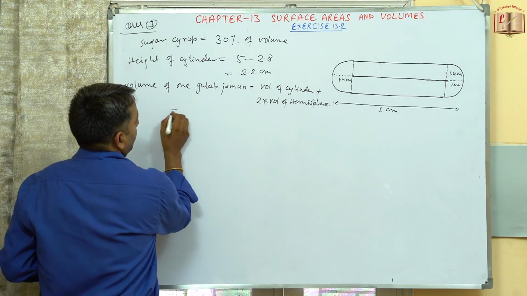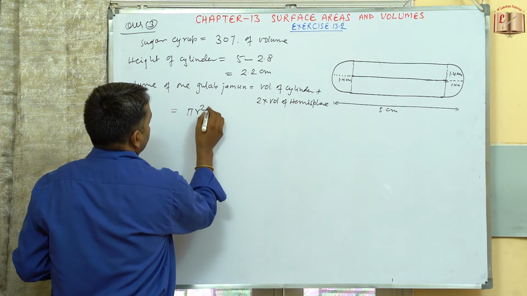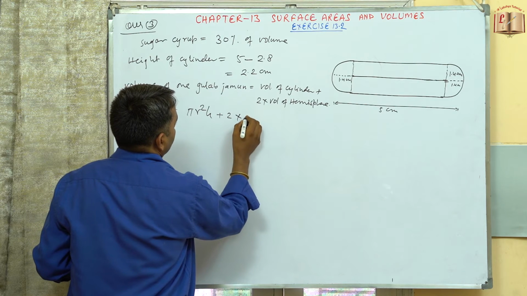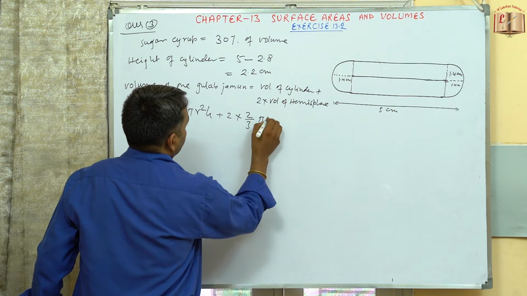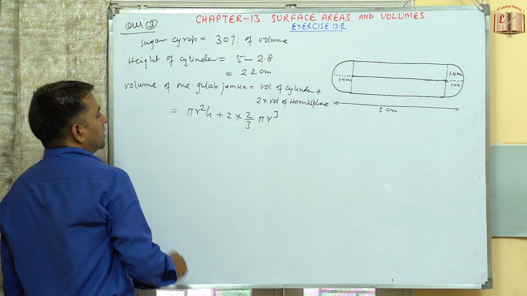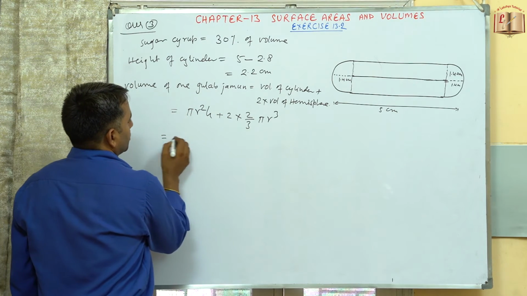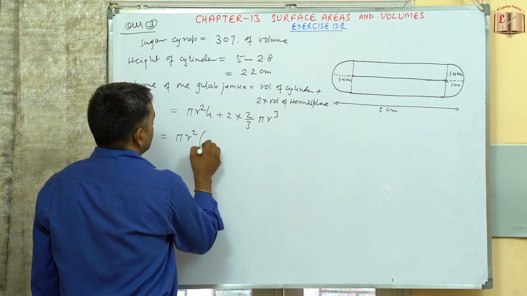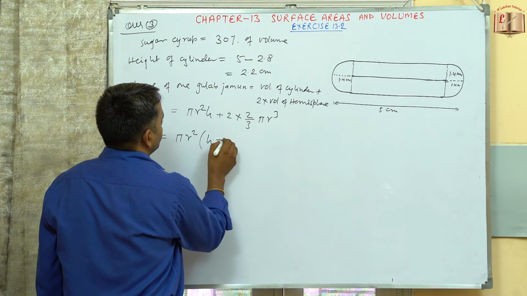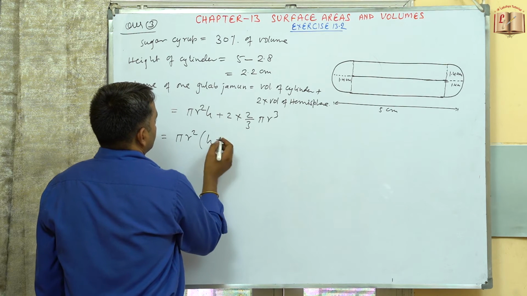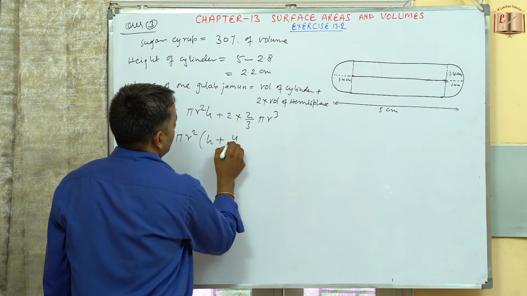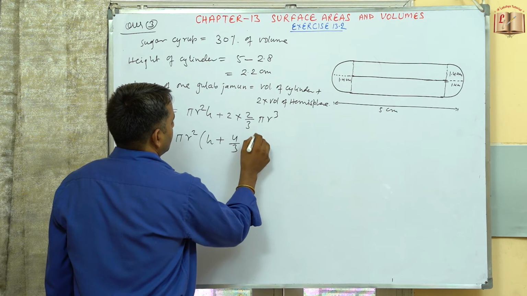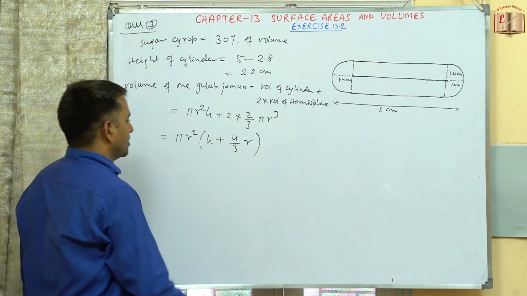So substituting the values, the volume of the cylinder will be pi r square h plus 2 into the volume of hemisphere, which will be 2 by 3 pi r cube. So we can take pi r square as common. So from here this will be h plus, and this will be 4 by 3 and r square is common, so r is only remaining.